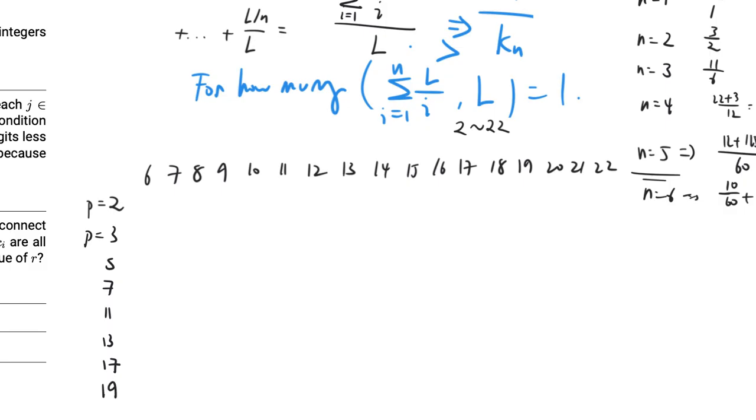So for each of these primes, as long as n is greater or equal to p, then L will contain p. So p divides L, which means that all that's left for us to check is if p divides this thing right over here, which we'll call S of n. If p divides S of n, that is what we're going to check for in here.